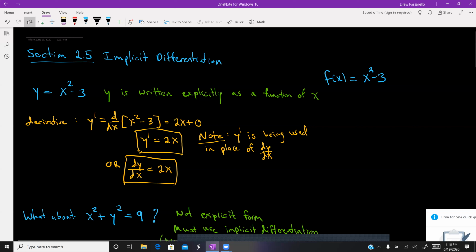And again, it's not dy divided by dx, it's an operator. It says take the derivative of the function y with respect to x. And its derivative is 2x. All right, so that's nothing new. But the point is that this is a function y written explicitly as a function of x, and all of our examples up to this point dealt with finding derivatives of such functions.